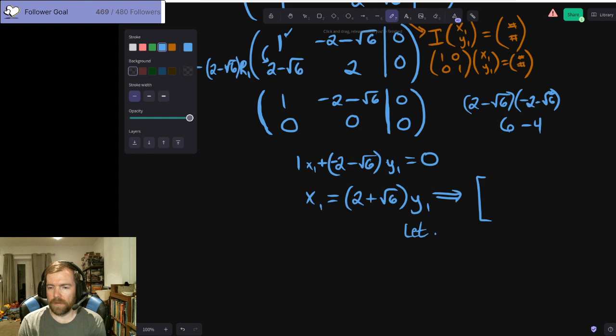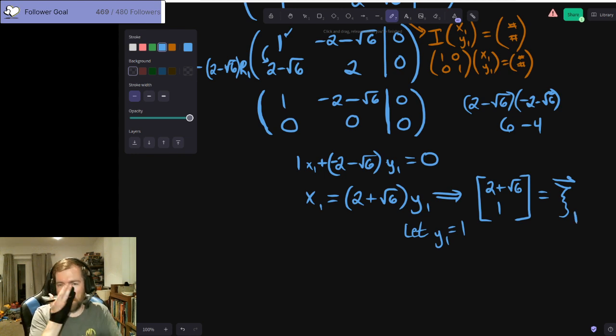We can let y1 be equal to 1. And so x1 is going to be equal to 2 plus the square root of 6. And that could be equal to c1.